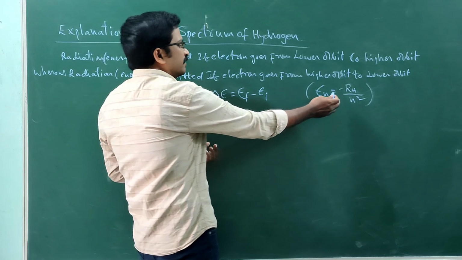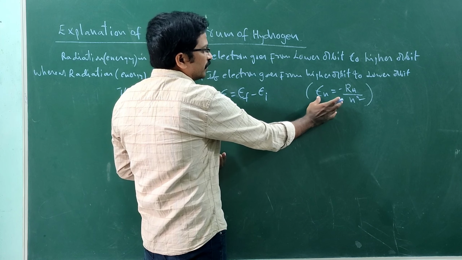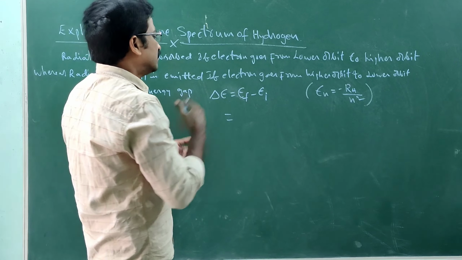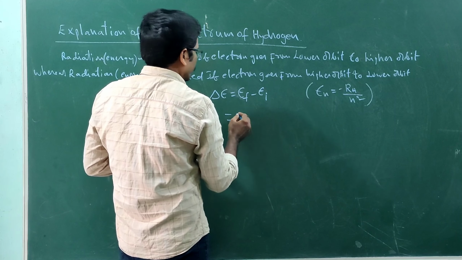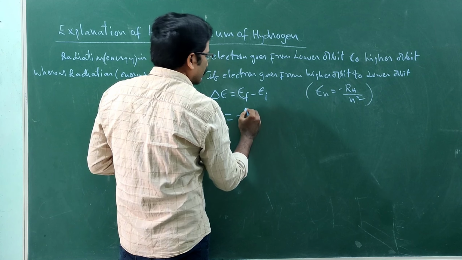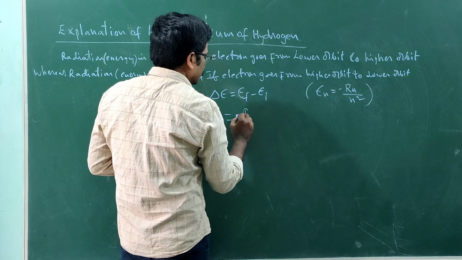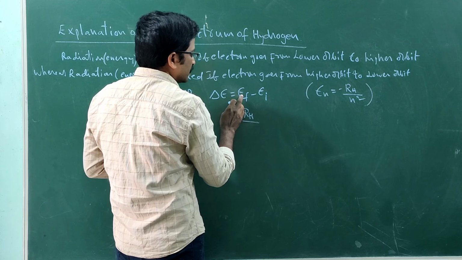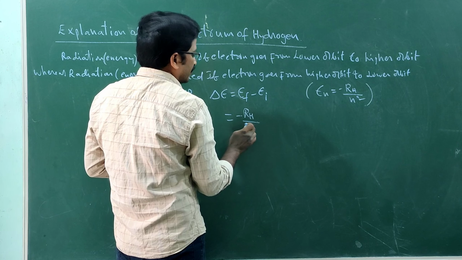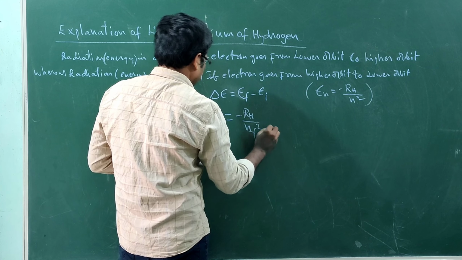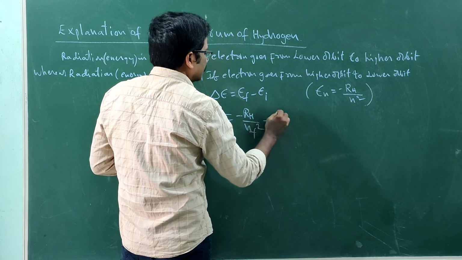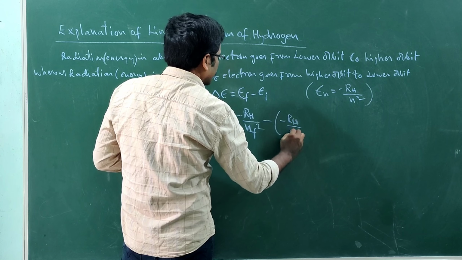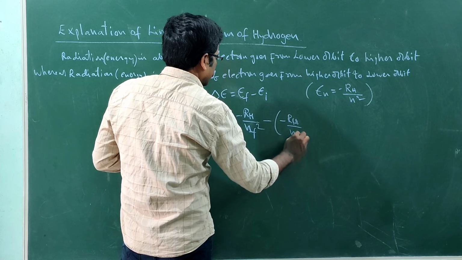Then write down, we know the formula En is equal to minus RH by n square from the previous class. In place of EF, you can write down minus RH by nF square, and here minus RH by ni square.